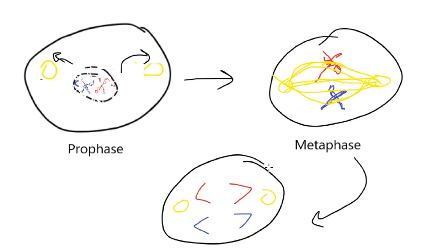So as they're pulling toward the edge of each cell, here's one chromosome, here's another chromosome. Those sister chromatids are now considered individual chromosomes. And the phase here where they're pulling out to either end of the cell is called anaphase.